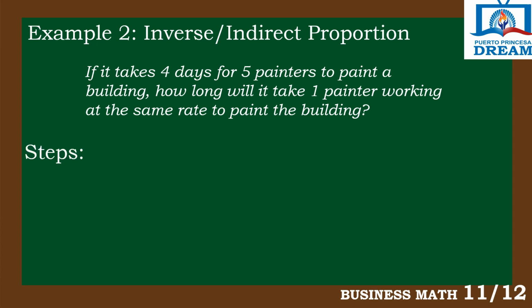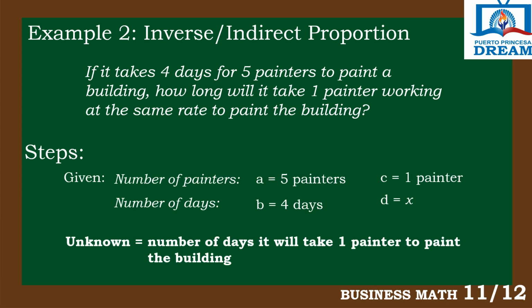So again, for the steps, we have to write the given and the unknown. Given, number of painters, A is equal to 5 painters, C is equal to 1 painter. Number of days, B is equal to 4 days, D is equal to X. So our unknown is equal to the number of days it will take one painter to paint the building.